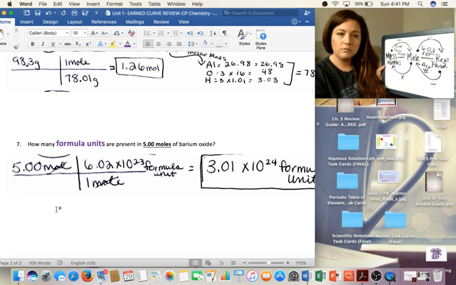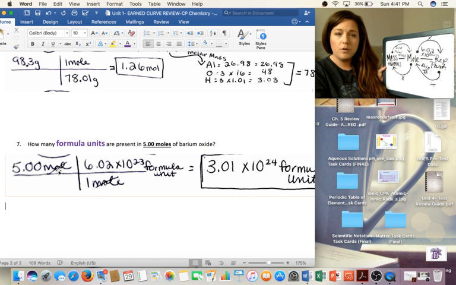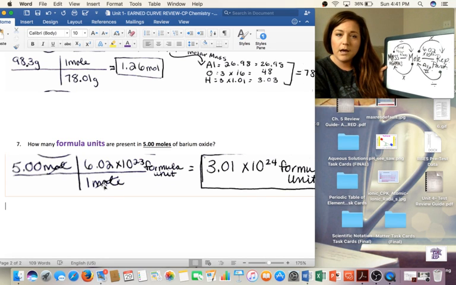So, I set up my T-chart right here. My given goes up top left. My given was 5.00 moles. And because it was moles, on the opposite block, I need to have a mole down there.